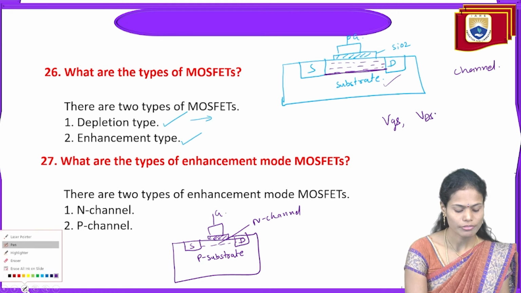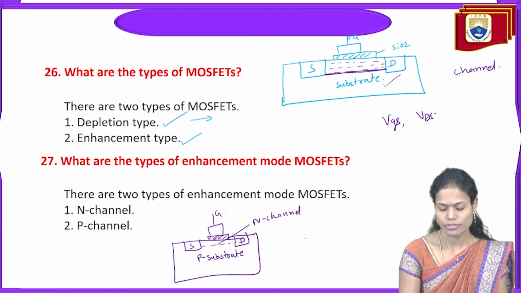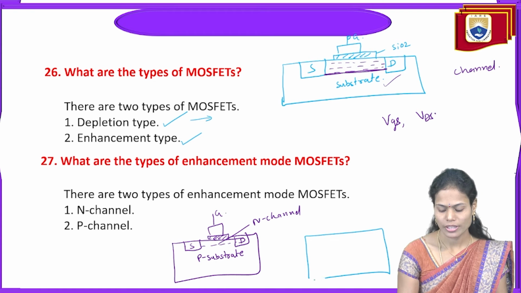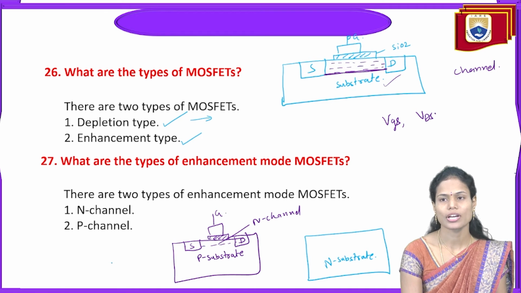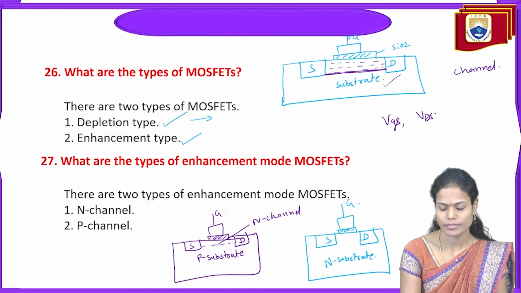That is nothing but electrons will form near the source and drain terminals here. But in the case of P channel MOSFET, to design this, we have to take the N type of substrate. Opposite to this channel we have to take, that is source, drain, and upon this we are having silicon dioxide layer as well as gate here.